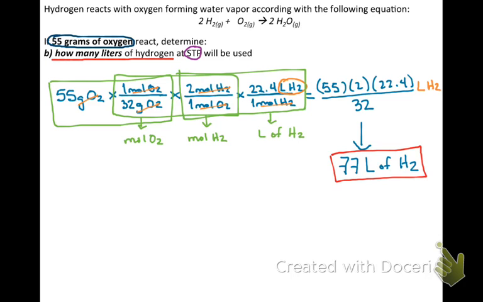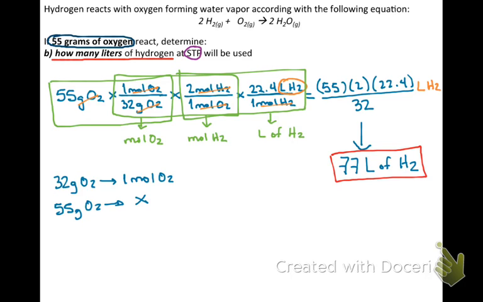Step number 1, grams of oxygen to moles of oxygen. If 32 grams of O2 are 1 mole, 55 grams of O2 how many moles? It will be 55 times 1 divided by 32.